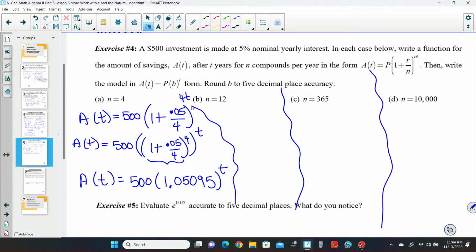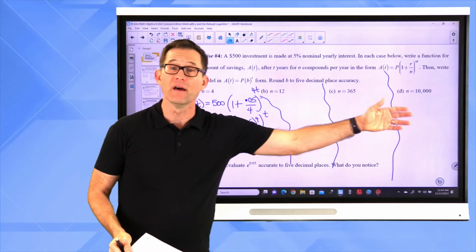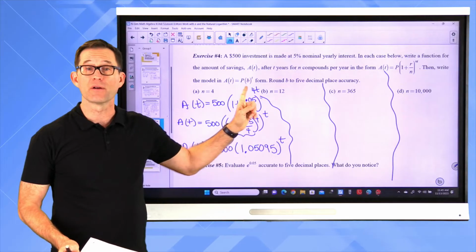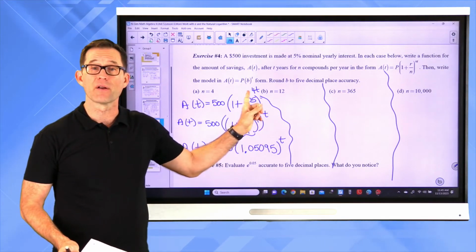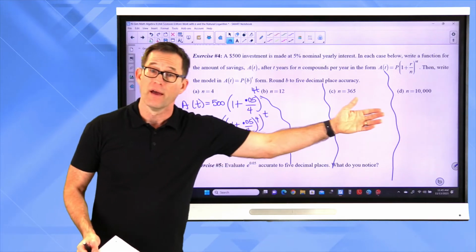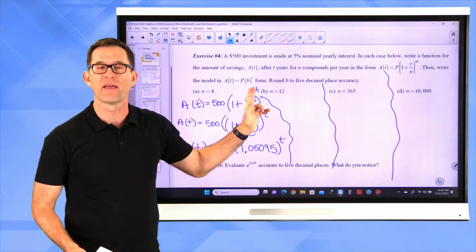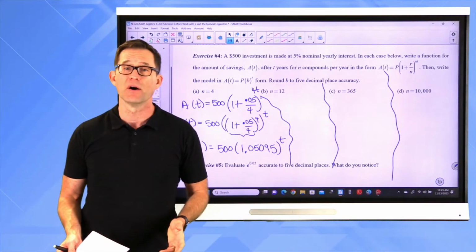Now, the only difference for part B, C, and D is that in part B, you're going to have a 12 down here and a 12 up there. In part C, you're going to have a 365 down there and a 365 up there. And in part D, strangely enough, you're going to have a 10,000 down here and 10,000 up here, which is kind of cool because you don't really have to change much in each case.